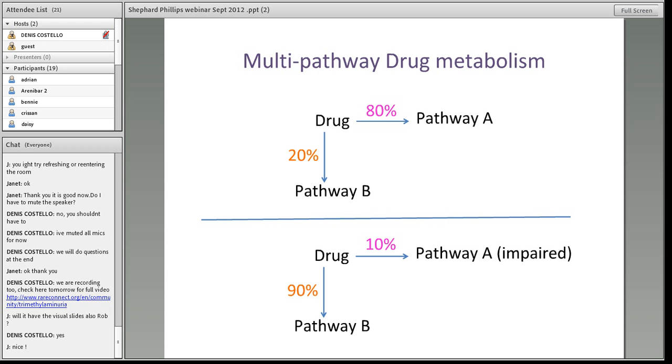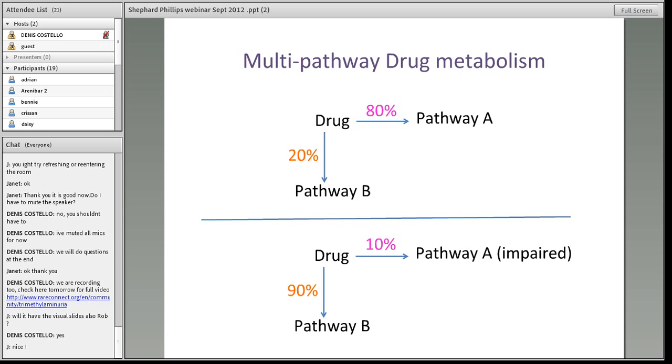So in this example, I've called it multi-pathway drug metabolism. Here we have a drug that 80% is cleared by pathway A and 20% by pathway B. So if pathway A is functioning, that's absolutely fine, and it doesn't matter if pathway B doesn't work so well.